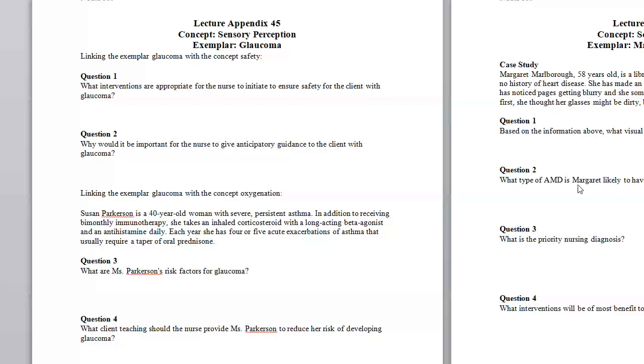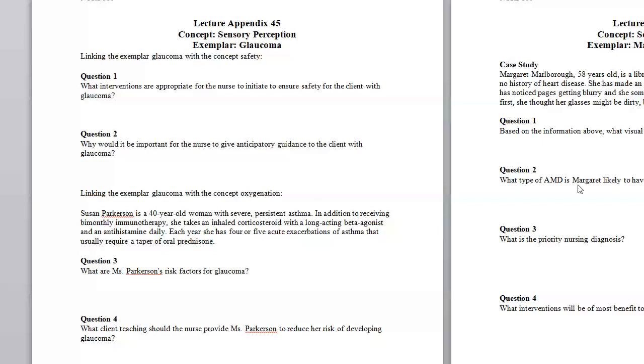So we want to make sure that, if she exercises, what kind of exercises she's doing, that if she's on medication, that she's compliant with that medication, and what kind of changes in her vision has she seen over the last few months? Because maybe the pressure's going up and it definitely is affecting her eyesight.